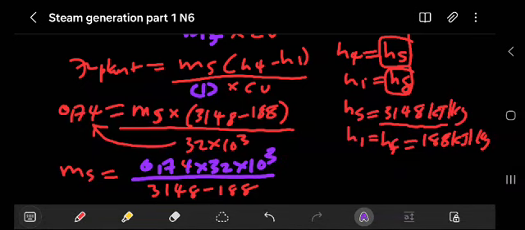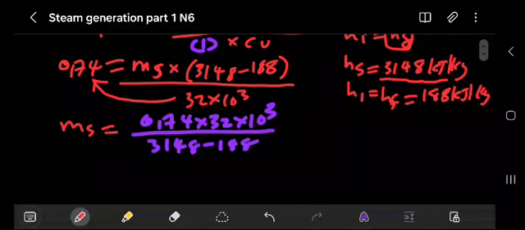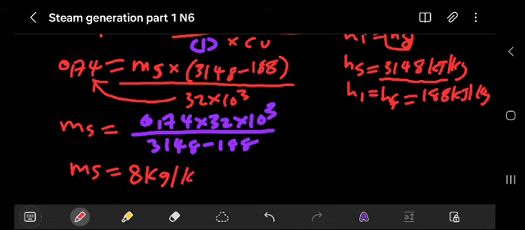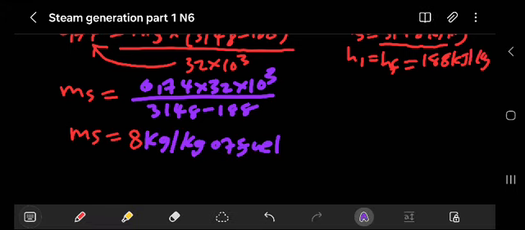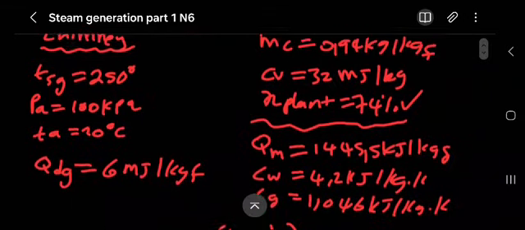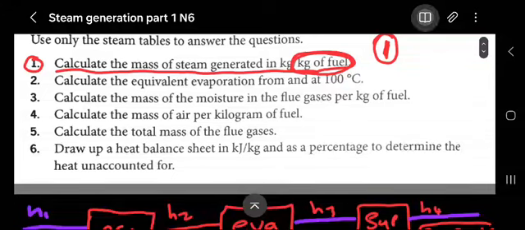So what do we have here? If you punch that, it will be 8 kg per kg of fuel. Or you can represent it like this, kg per kg of fuel, and write a little f there. That means the kg of fuel, it is up to you. So that is what we have now. We got the mass of the steam generated per kg of fuel.